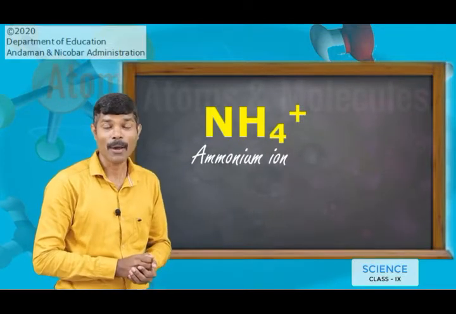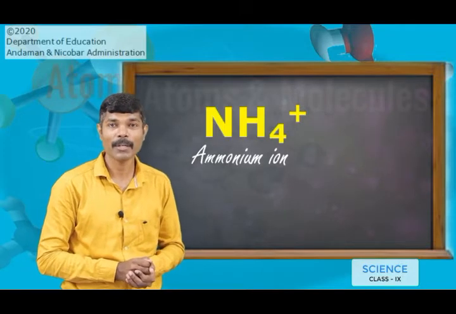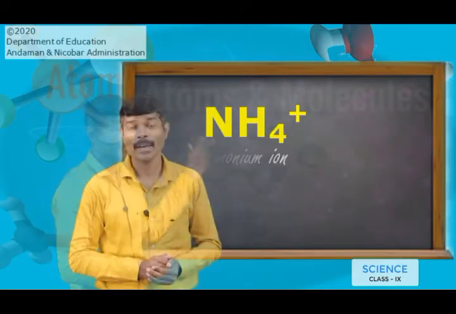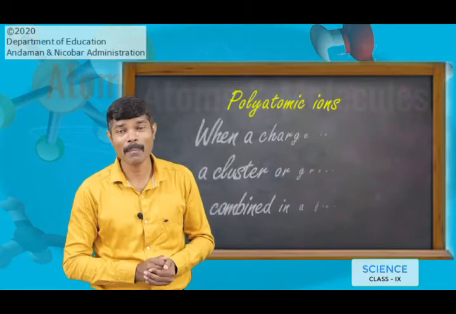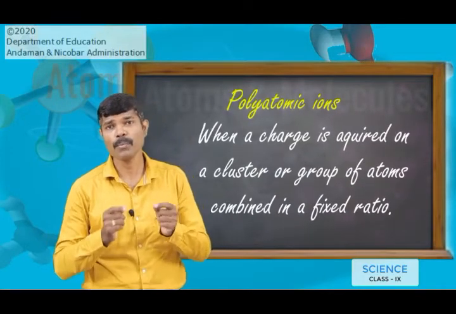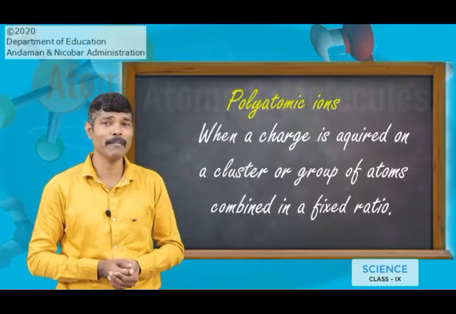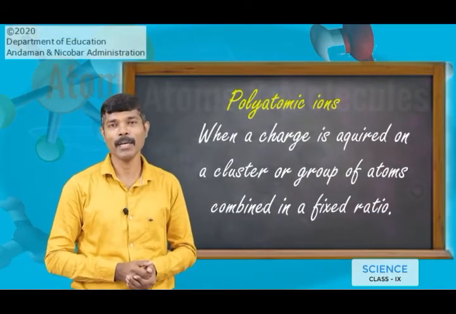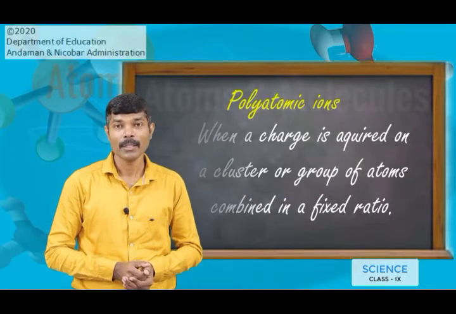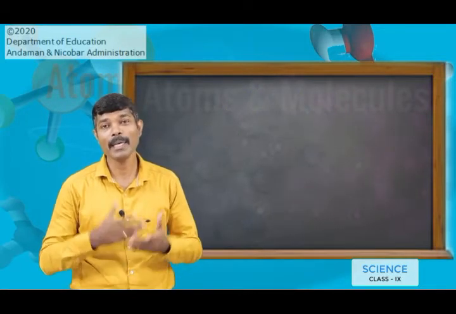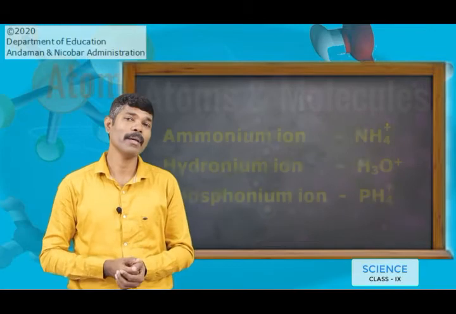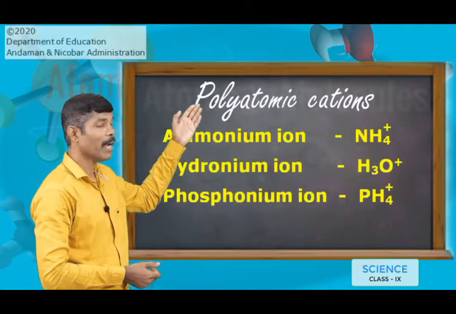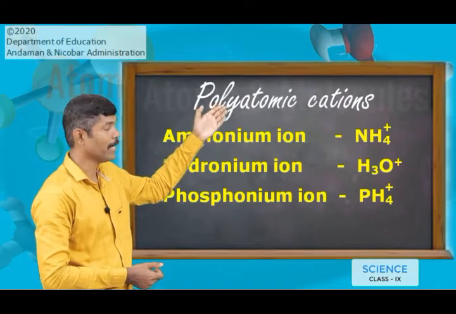Such an ion is known as a polyatomic ion. Here poly refers to more than 1. When charge is acquired on a molecule having 2 or more atoms combined in a fixed ratio, such an ion is known as a polyatomic ion. This polyatomic ion may be a cation or an anion.